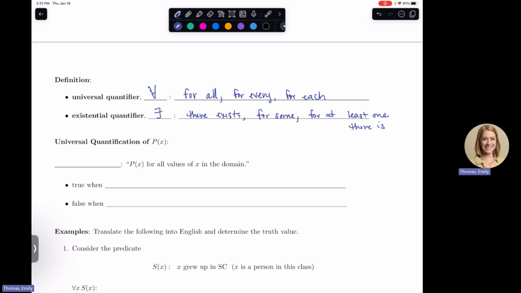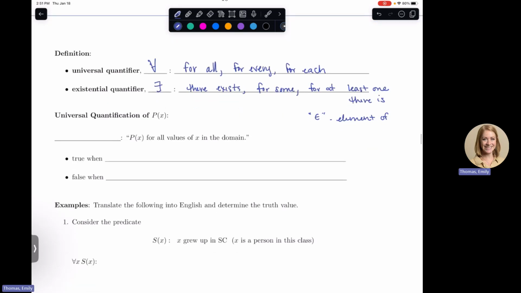Now don't get this confused with this guy, that's the element of. I'm about to write down all of those symbols next to one another.